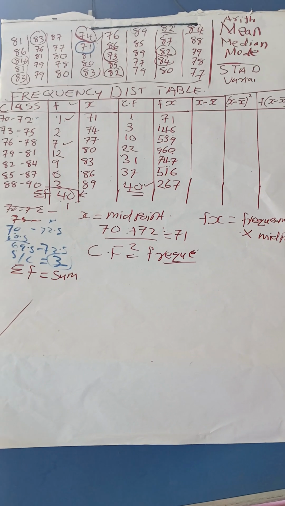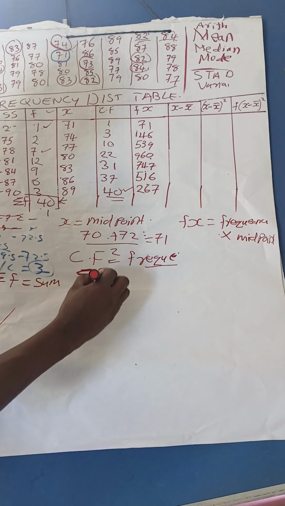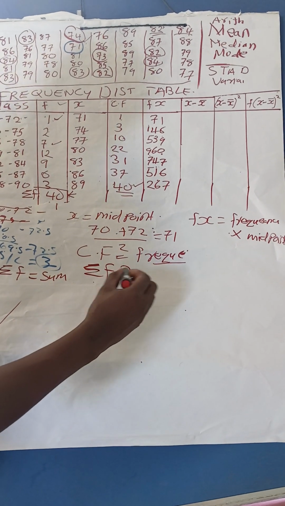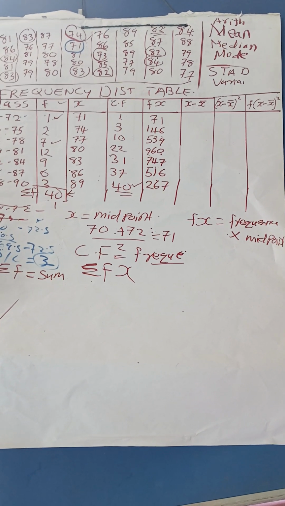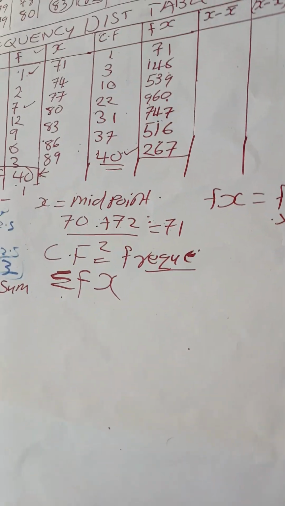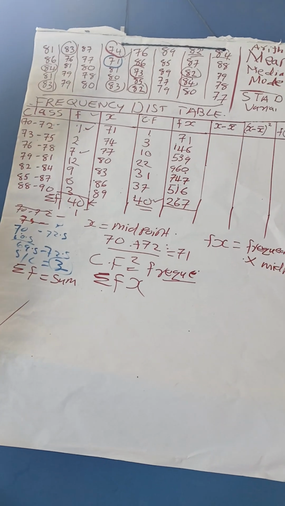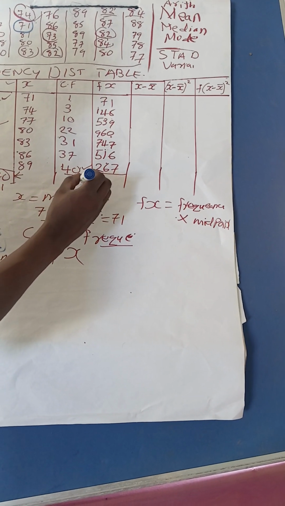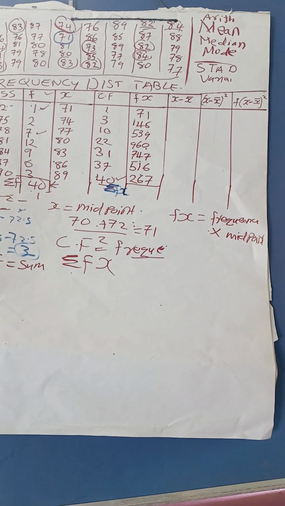Now, up to there, let us get the summation. When I say summation, I mean we are getting the total. So let us now get the total fx. We fill that table and you just get the total number.